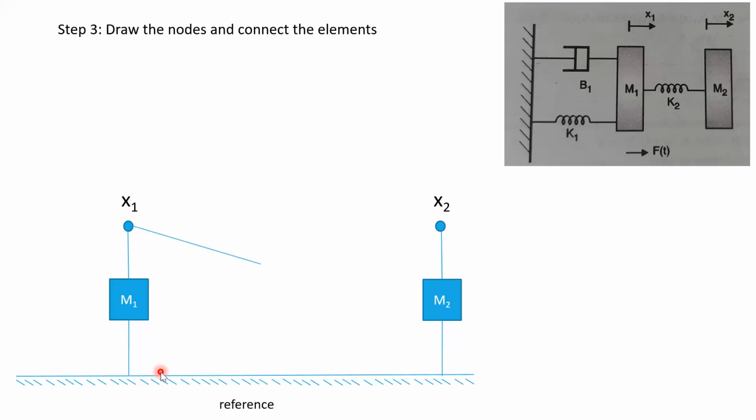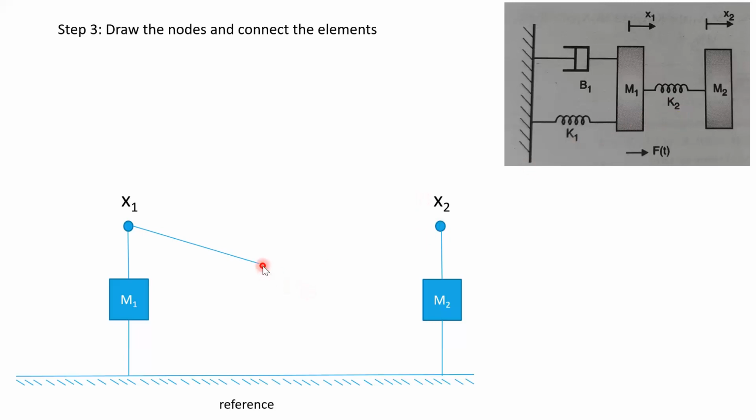Now I am drawing this line slightly inclined. I am not drawing it completely horizontal because what I have seen in the diagram is that spring K2 is connected between x1 and x2. So this is x2, this is x1. So I have to connect x1 and x2 for showing this spring K2 here.